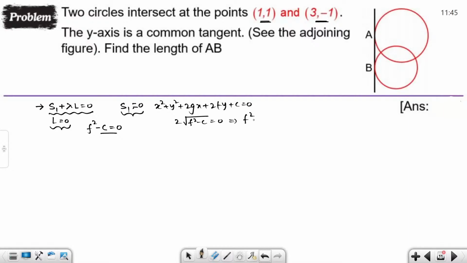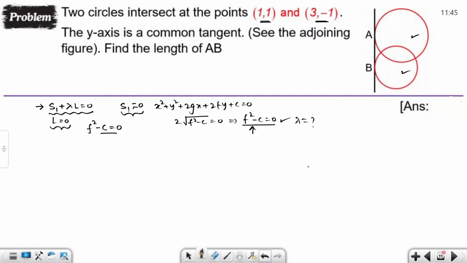That implies f square minus c equals to 0. So simply by using this equation, we can easily get the value of lambda. The moment we get the value of lambda, we know the equation of the circle. Here we will get two values of lambda because it's a quadratic equation. So we will get the equation of these two circles.